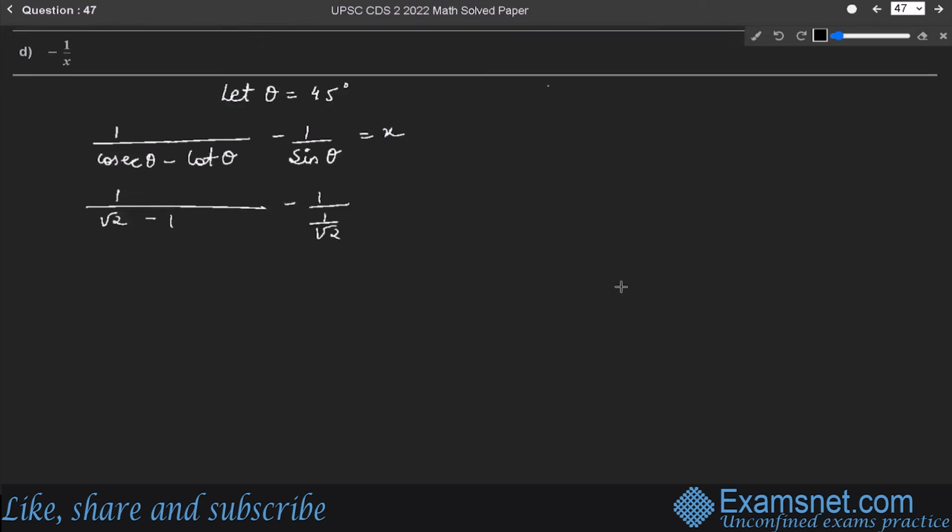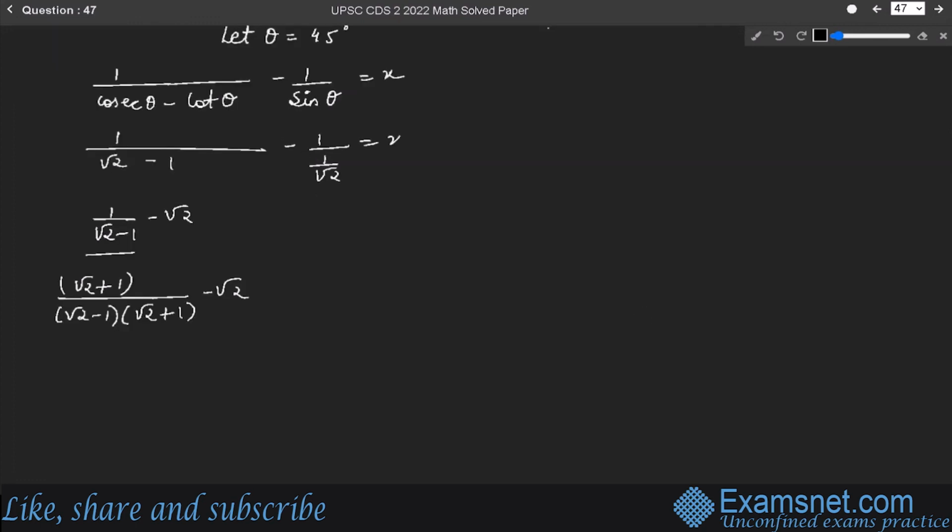So it will be equal to 1 by root 2 minus 1, minus root 2. Now rationalizing this first term, we will get root 2 plus 1 upon root 2 minus 1 into root 2 plus 1, minus root 2, and it is equal to x.